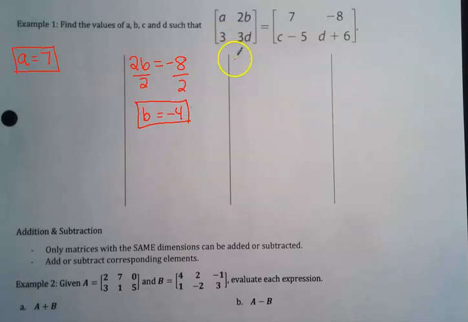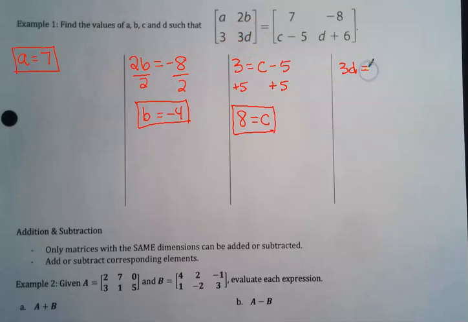So then for the next one, we have 3 equals, its corresponding element is C minus 5. How do we solve for C? Perfect. Add 5 to both sides. 3 plus 5 is 8 equals C. And the last one, D. So 3D is equal to its corresponding element, D plus 6.